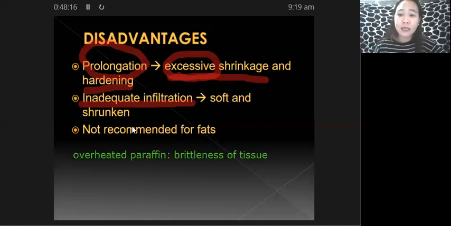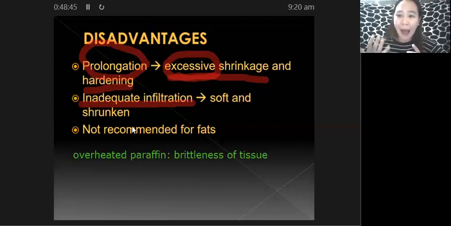Okay? Yes. We want it to become solid inside your tissue sample. Okay? Yan. But in the case of inadequate infiltration, the clearing agent which is supposed to be removed from your tissue sample is still there. Okay? So you were not able to completely remove the clearing agent.